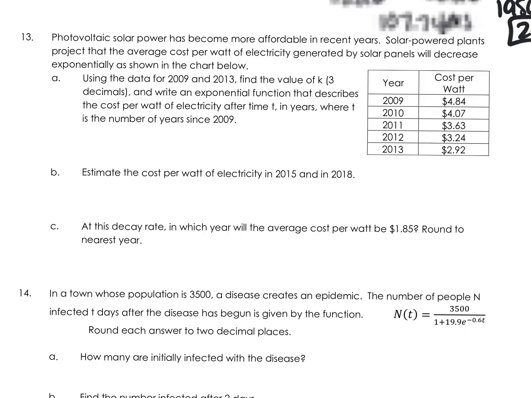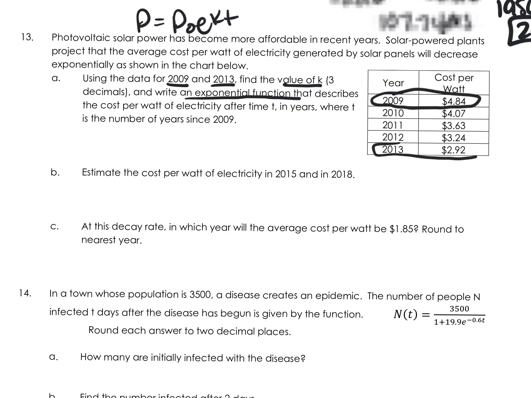So this next question here, we are using the data for 2009 and 2013 to find the value of k and write an exponential function that describes the cost per watt. So we're going to use our exponential growth equation, and we're going to use the years 2009 and 2013. Our starting amount in 2009 is 4.84. Our ending amount in 2013 is 292.